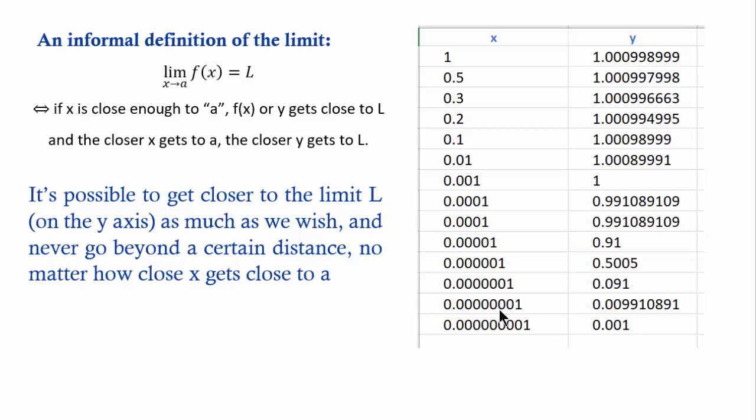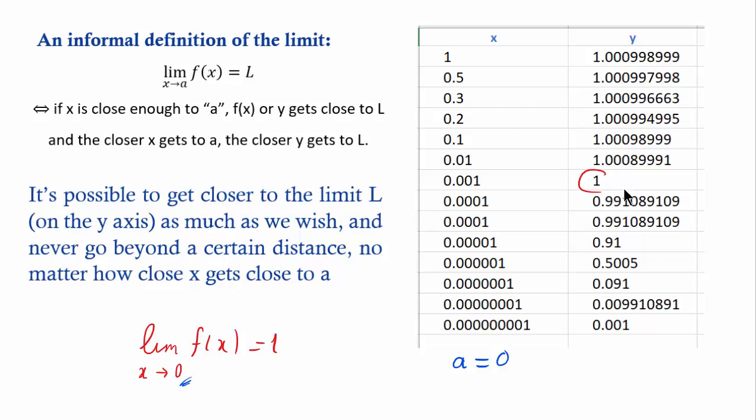So let's discuss our first guess, which turned to be wrong, which was the limit of f of x as x approaches 0 is 1. This one. And let's note that we have here a equals 0, which is this number.